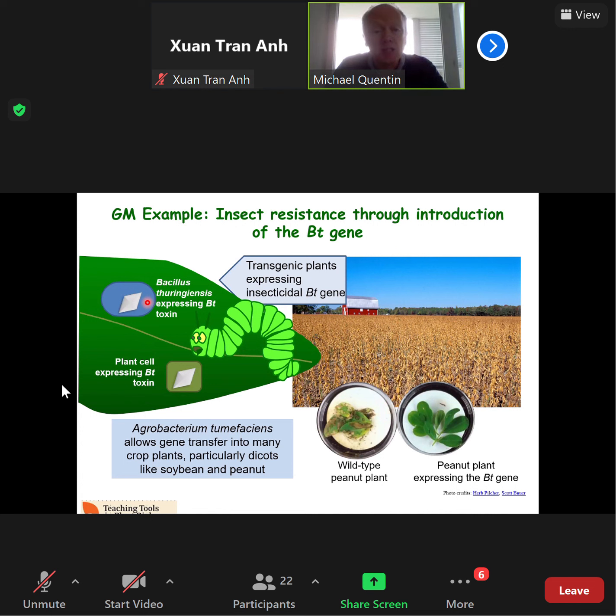And this bacterium is expressing the Bt gene, and it allows production of a toxin. And the idea was to introduce this Bt gene into plant cells to kill some insects.